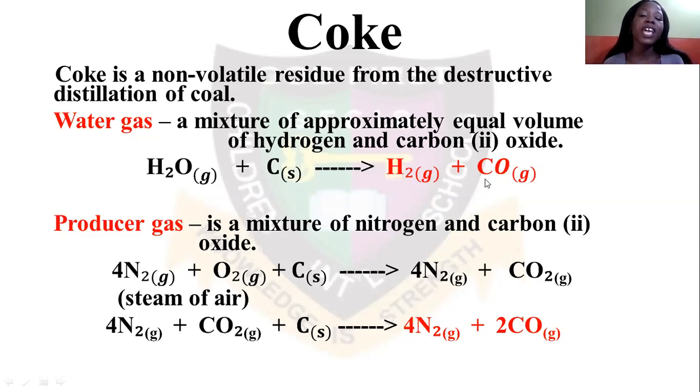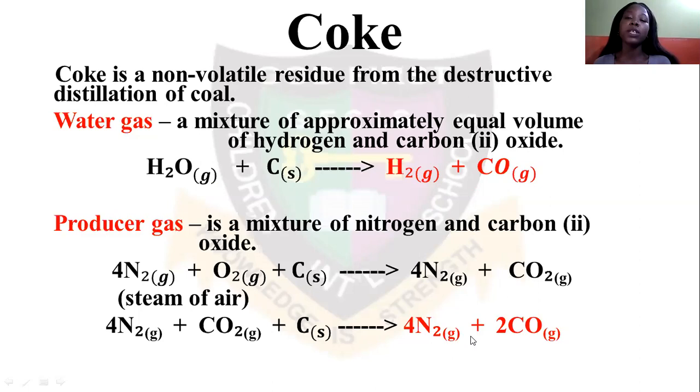So that coke reacts with the oxygen in the air to give you nitrogen and carbon 4 oxide. That's the first product, the intermediate product. So by the time you apply more coke to that intermediate product, you now have nitrogen and carbon 2 oxide. This is known as producer gas.